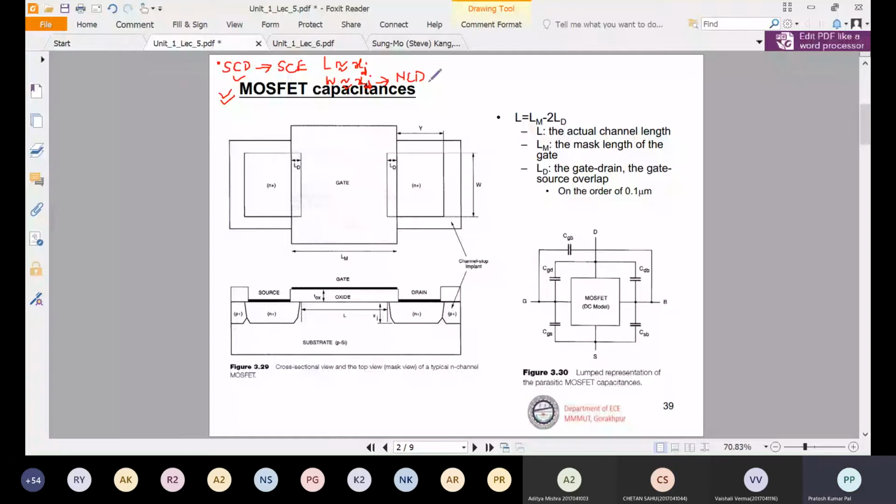These parasitic capacitances are the capacitances generated inside the MOSFET device by its own structures and by its own layers. What are the different layers we have used for designing the MOSFET? These MOSFET capacitances are called parasitic capacitances, and we will discuss them one by one.